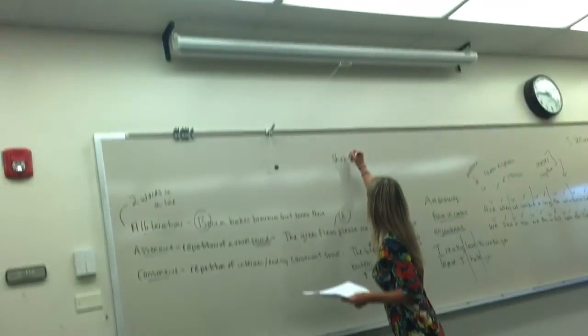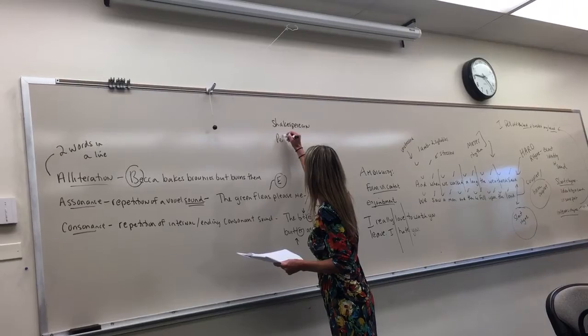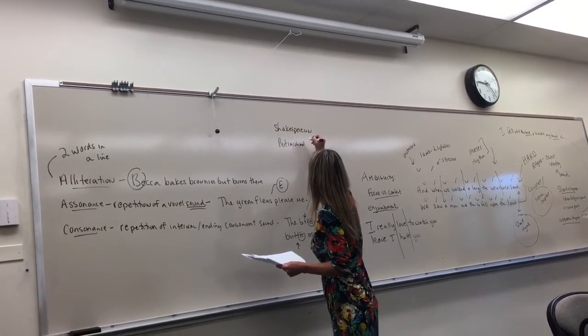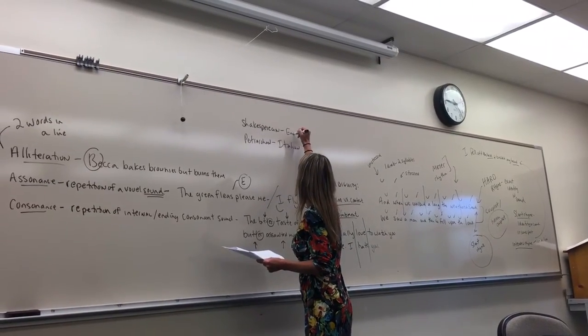We have a simile, which is the same in poetry as it was in fiction. We have a sonnet. There's 2 types of sonnets we talked about, the Shakespearean and the Petrarchan. This is called Italian. This is English. And a sonnet is typically 14 lines, and it's broken up into 4 stanzas.